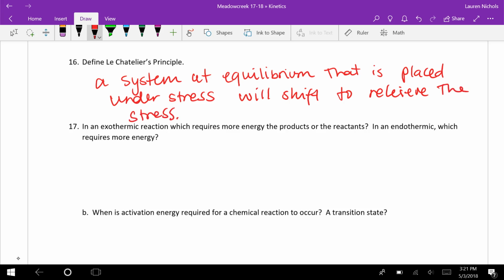Okay, and we kind of went over that earlier, plus that's in your notes. Number 17 says, in an exothermic reaction, which requires more energy, the products or the reactants?